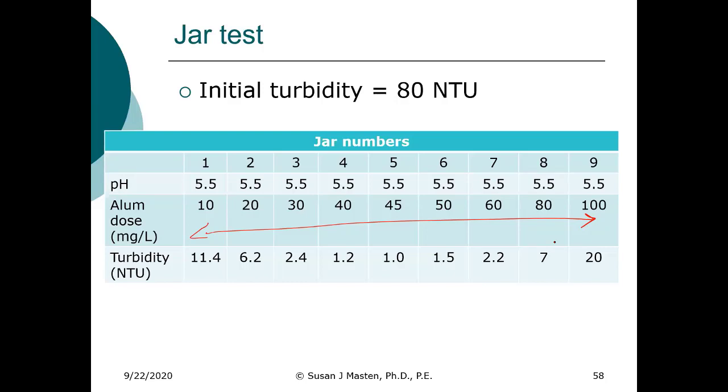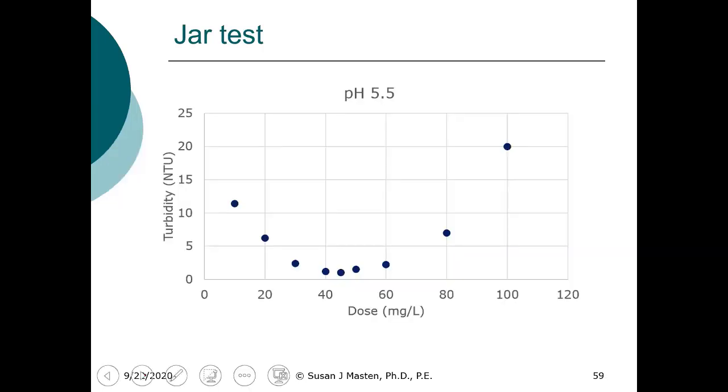Again, we measure the turbidity. So we go through the whole jar test. We measure the turbidity, and then we can plot that, and we can determine the optimal dose.